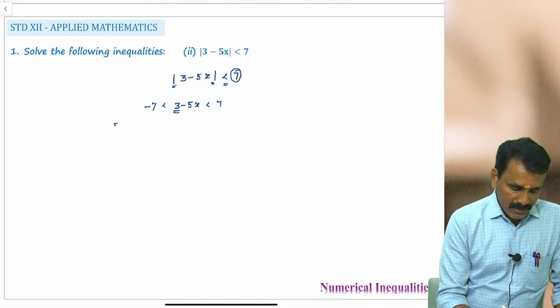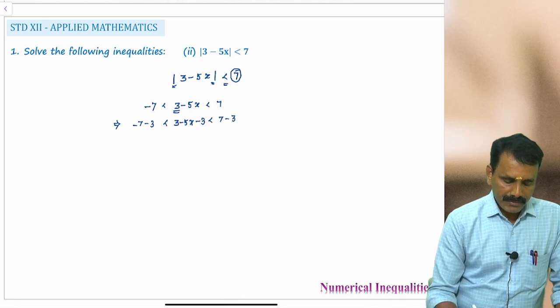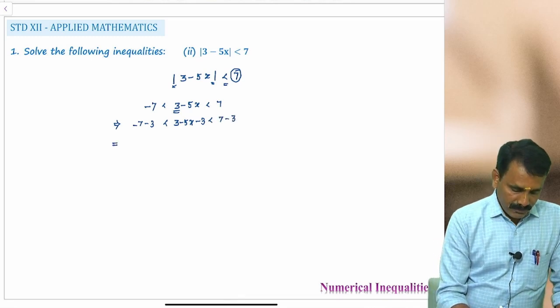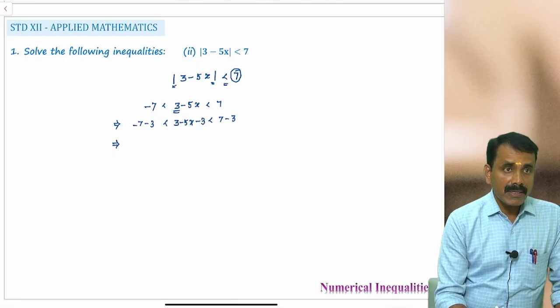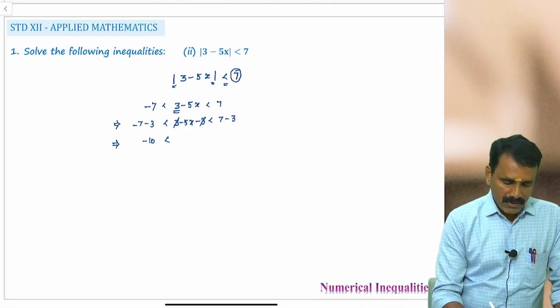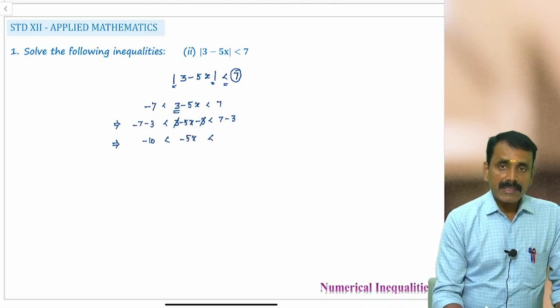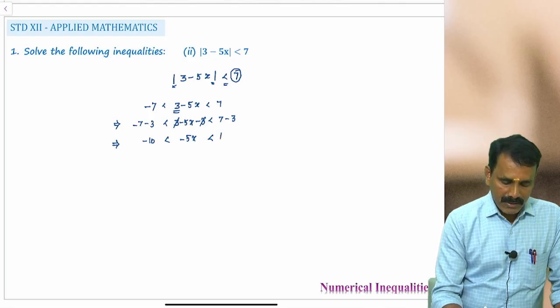So we get minus 7 minus 3 less than 3 minus 5x minus 3 less than 7 minus 3. Minus 7 minus 3 is minus 10, less than, the 3 and minus 3 cancel, so we get minus 5x less than 7 minus 3, which is 4.